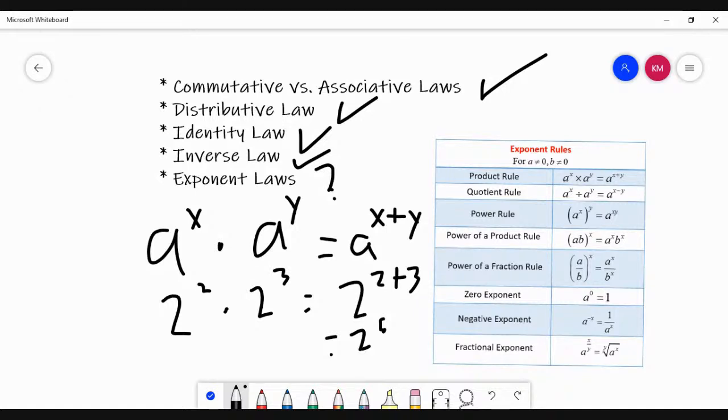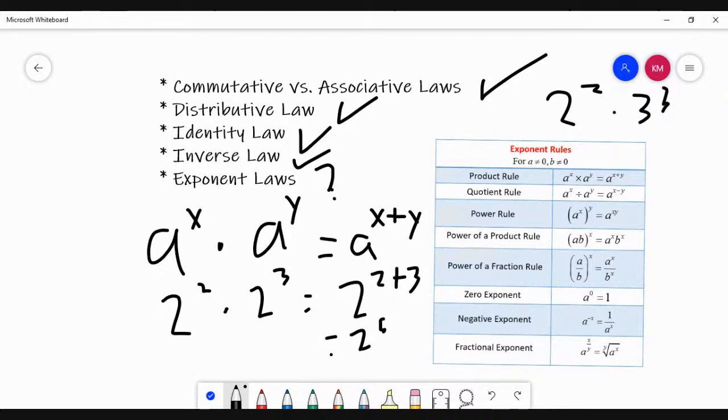What I mean is, if you have 2 to the second times 3 to the third, you cannot do the product rule.